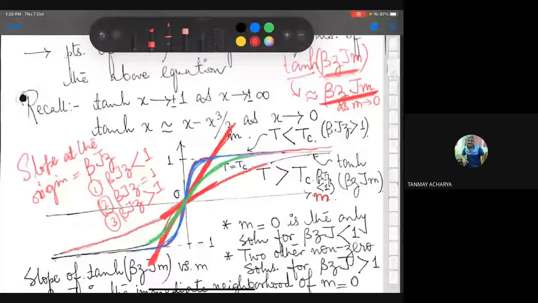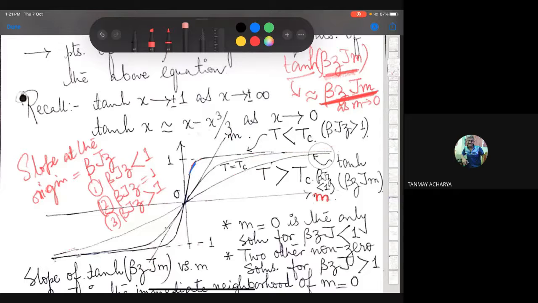Sir, how do these three possibilities come? How can I say that beta Jz is greater than 1 or less than 1? See, at large values, it has to merge with this one, right? So when you are thinking about a slope, these are the only three possibilities.